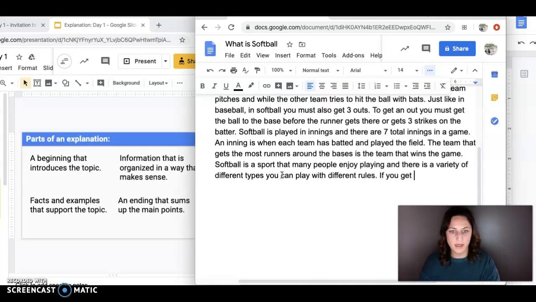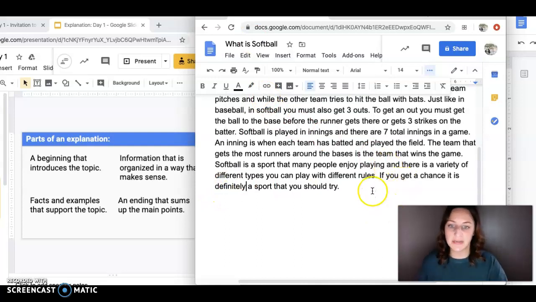If you get a chance, it is definitely a sport that you should try. And I definitely messed up the word definitely.